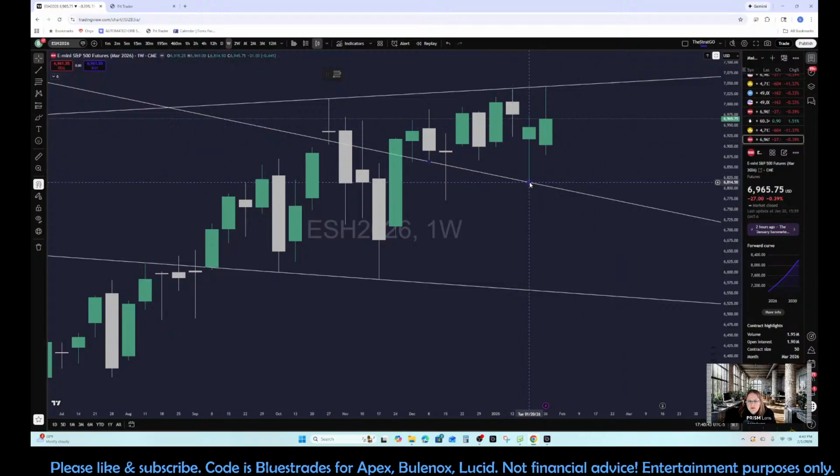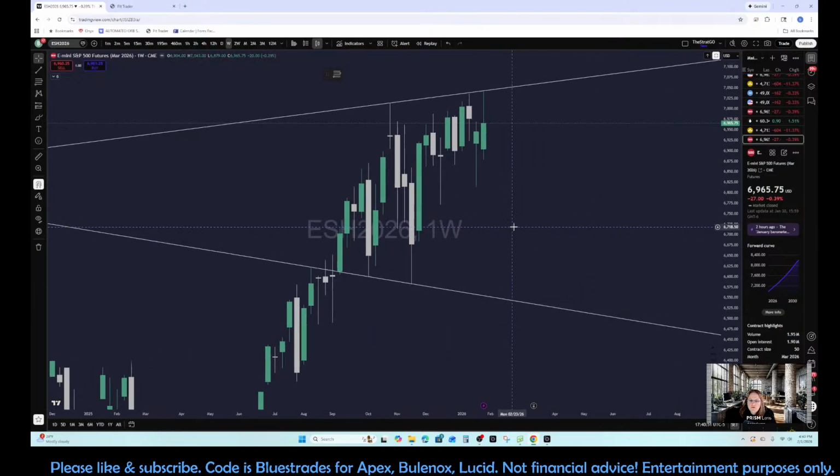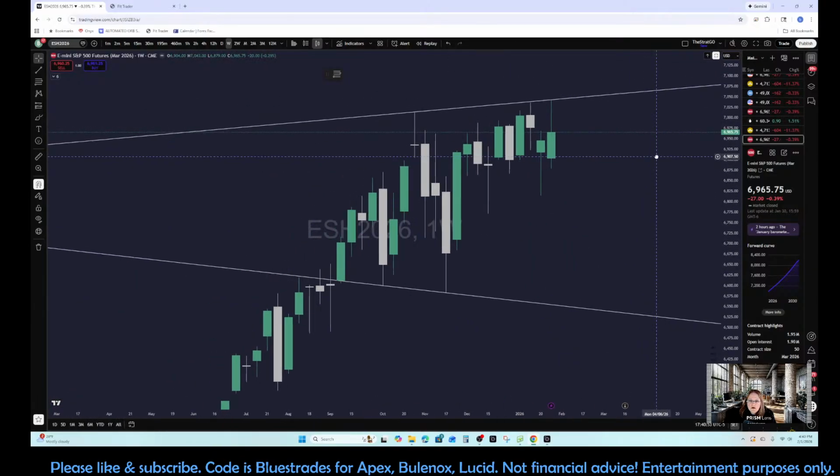Very, very possible that we will. I think I will remove the smaller one. So this would be your larger broadening formation here on ES on the week. I'll go over the cues here in a minute, but this is what ES looks like in gold.